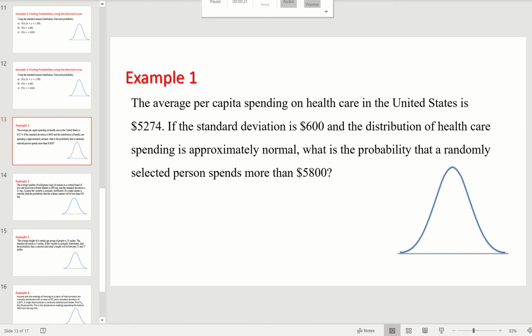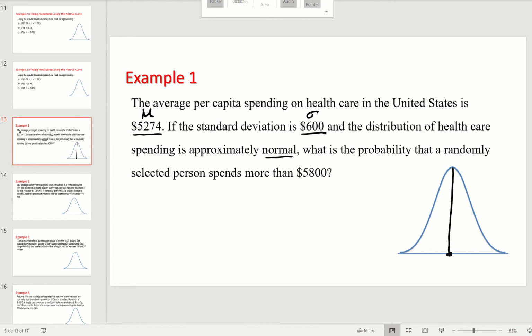So here they have given the mean. This is your mean, and this is the standard deviation, and the distribution is approximately normal. So this is the normal distribution, but not the standard normal, because the mean is not 0 and the standard deviation is not 1. But in a normal distribution, the mean is always here at the center.